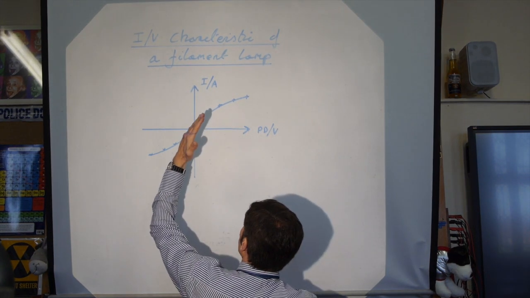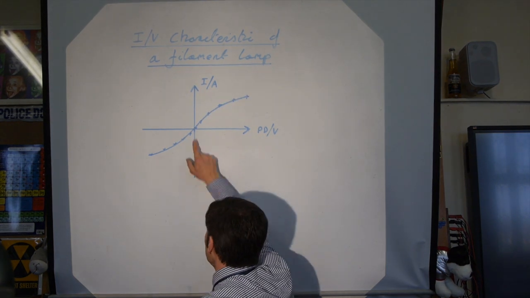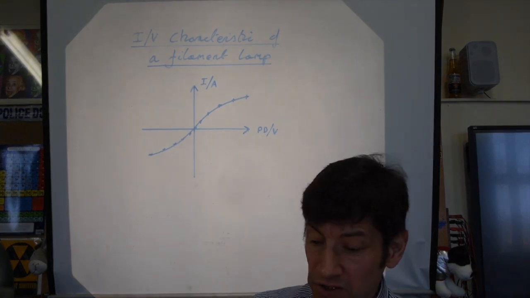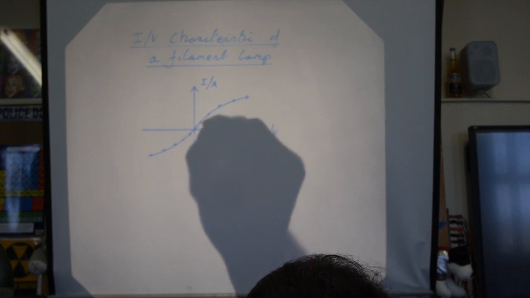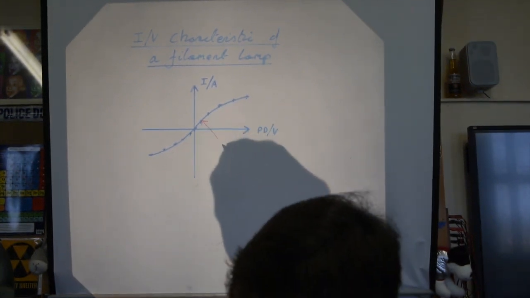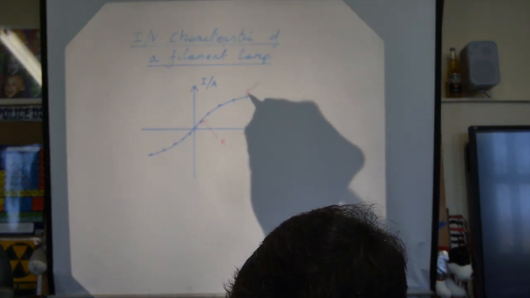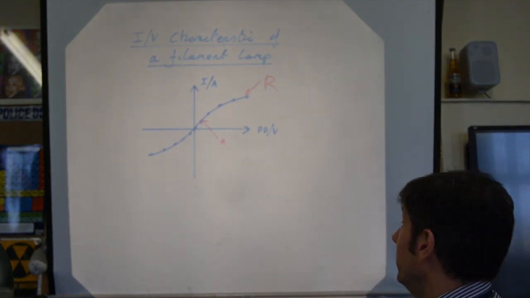In other words, the resistance of this is getting higher and higher. Same this way. So the first thing I could do is say at this point here, the resistance is a lower value, and here the resistance is a larger value.